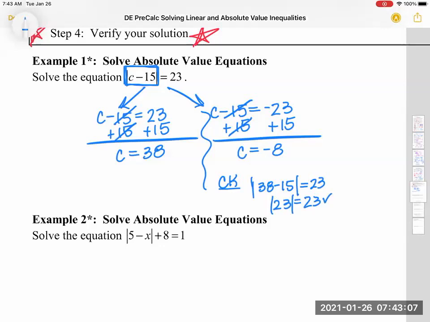And then if you do the other one, it would be negative 8 minus 15 with absolute value. Does that equal 23? Yep, because that would be the absolute value of negative 23, which is 23. And those both check. So you got two answers.